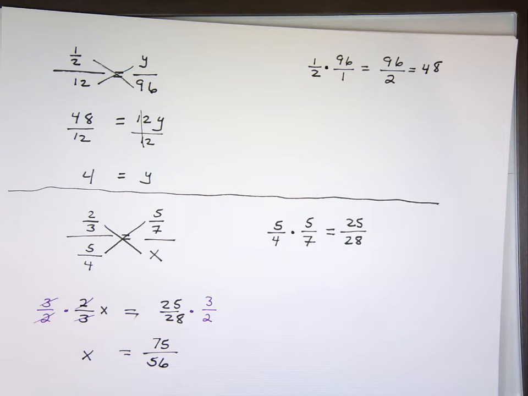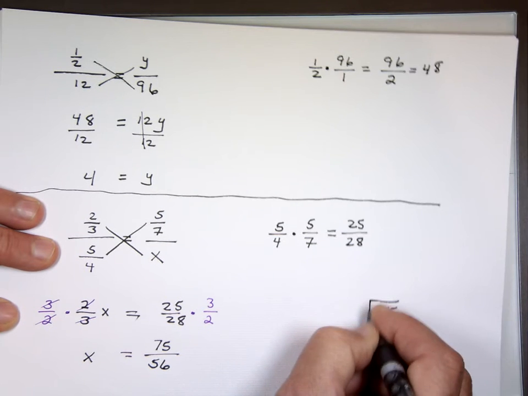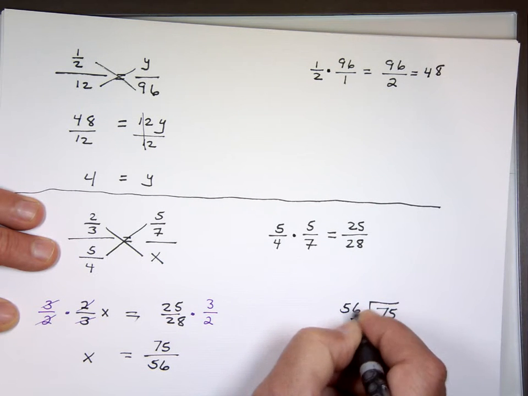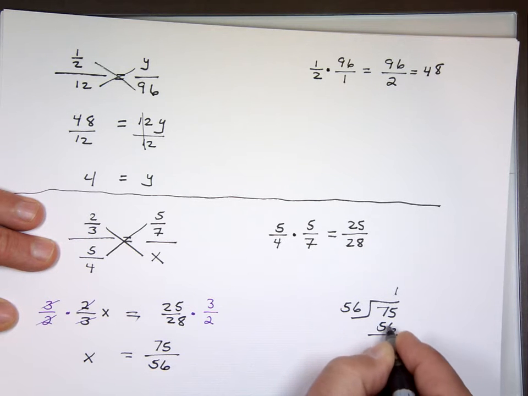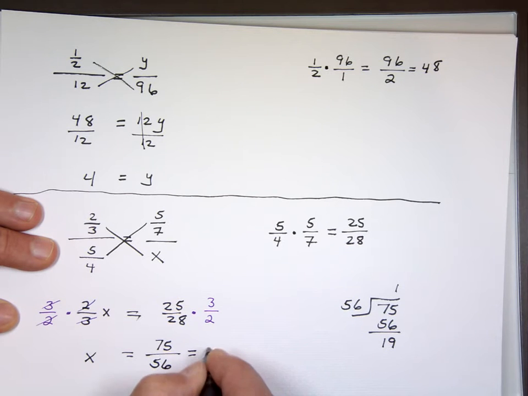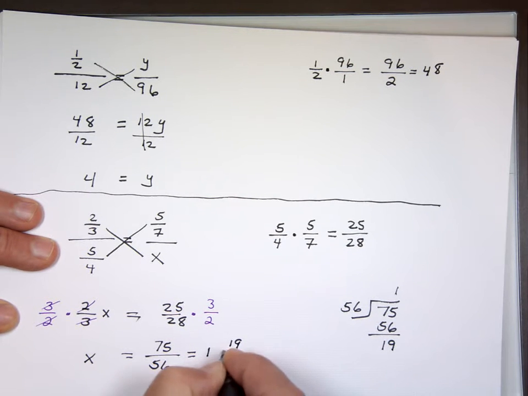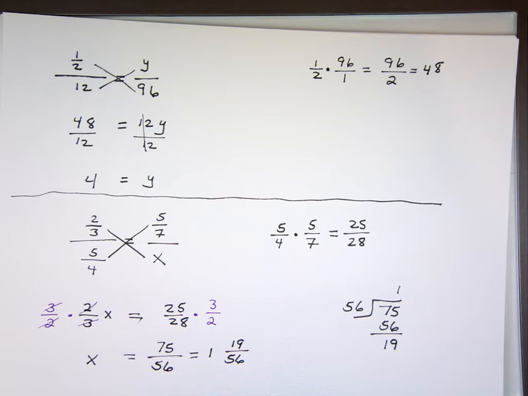If they want it as a mixed number, you go 75 divided by 56. 1 times 56 is 56. 6 from 15 is 9. 5 from 6 is 1. So 1 and 19 over 56. So either answer.